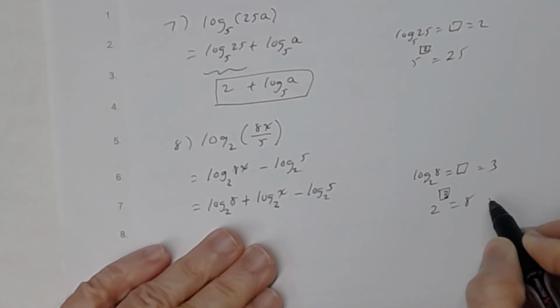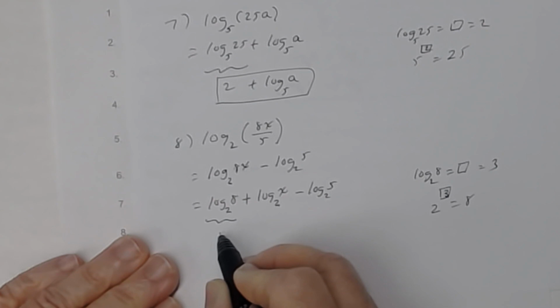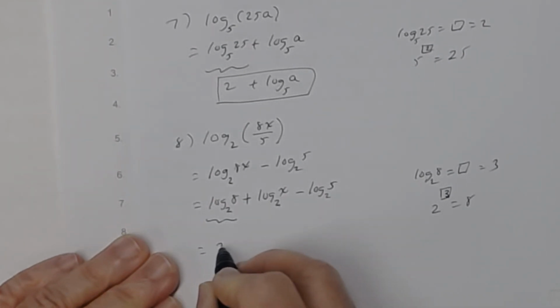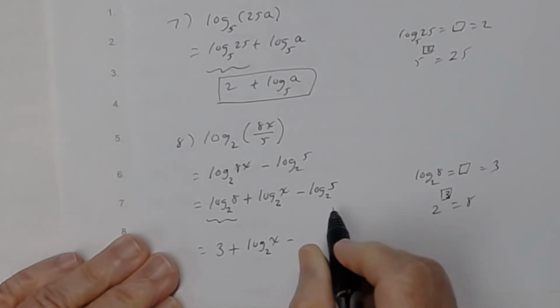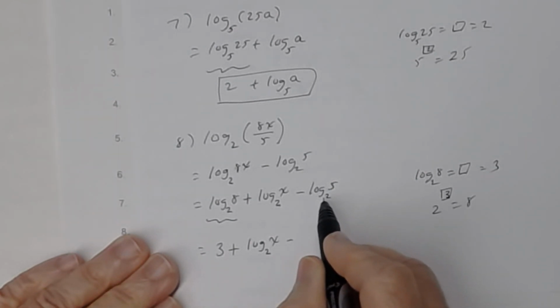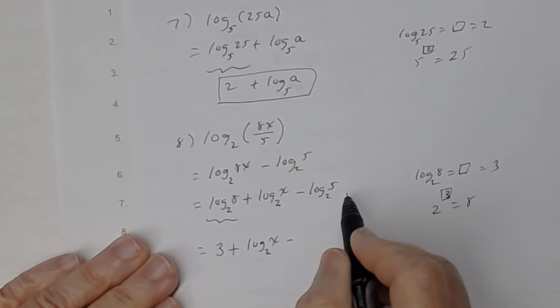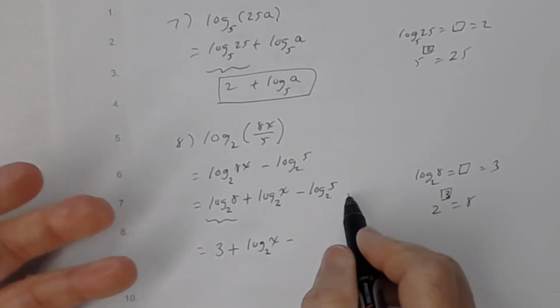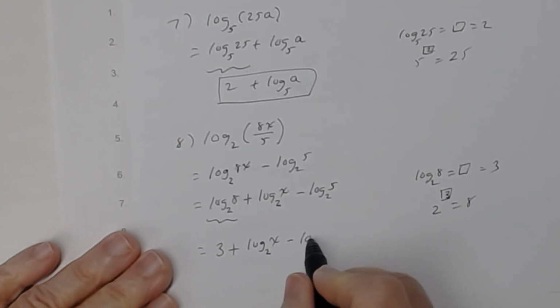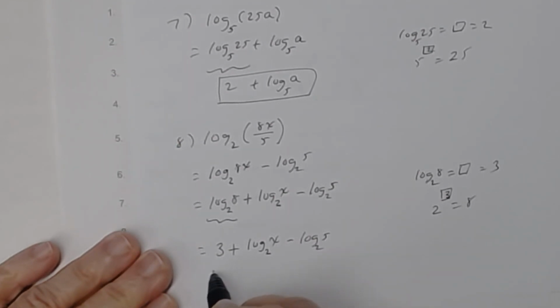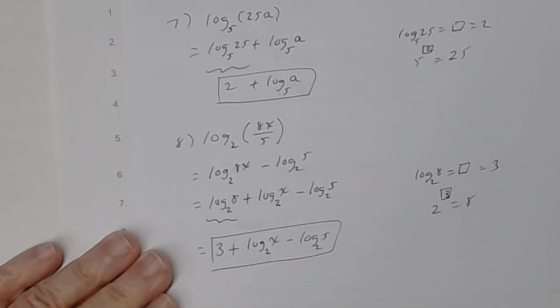Well, the answer is 3. So this right here becomes 3. So you get 3 plus the log of x base 2. And you cannot simplify the log of 5 base 2. 2 to no whole number is 5. So you get minus the log of 5 base 2. And so that is number 8.